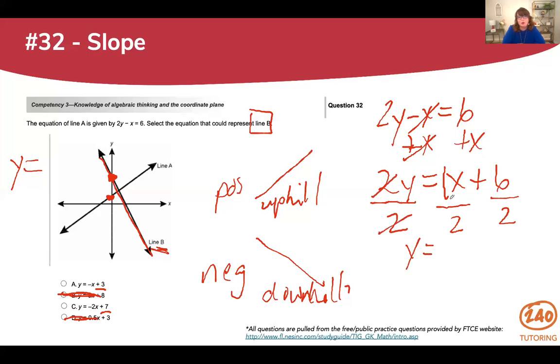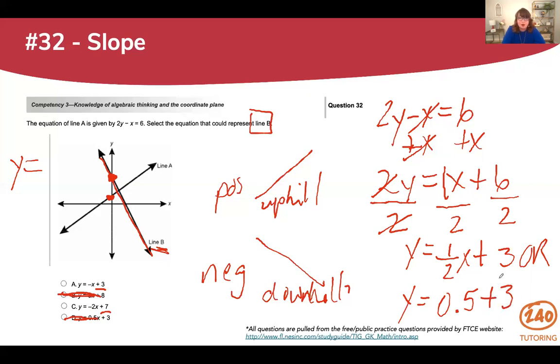Y equals 1 divided by 2, well, that would be half. So I'm left with half x plus 6 divided by 2 is 3. Or I could write that as a decimal: y equals 0.5x plus 3.